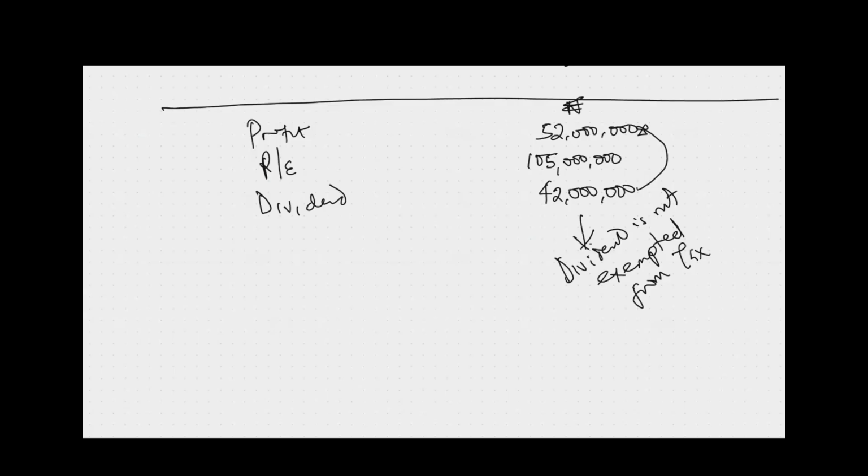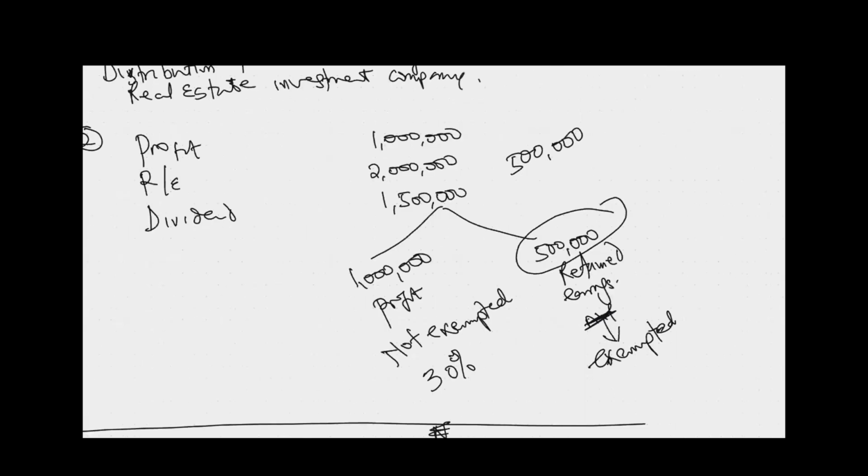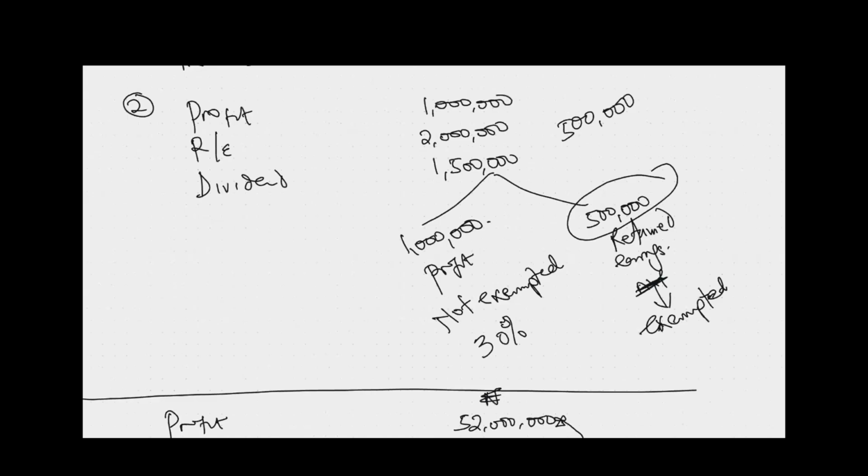When you look at the other scenario too, you will see that when we were trying to divide the dividend, we said the dividend is made up of profit and retained earnings. You can see that we did not say we are taxing the dividend separately from profits. So it's the same principle that applies. Now, classwork for everybody.